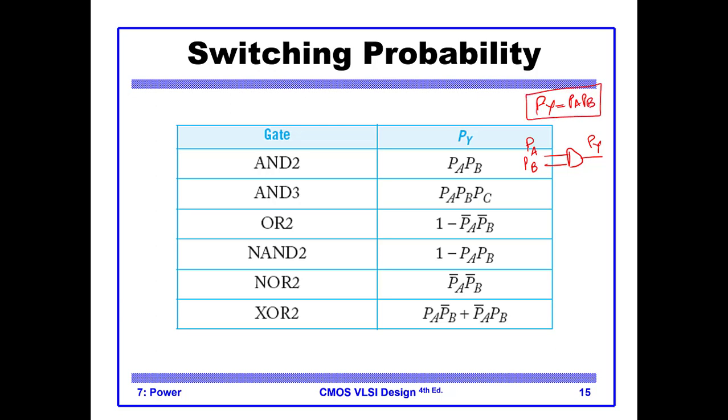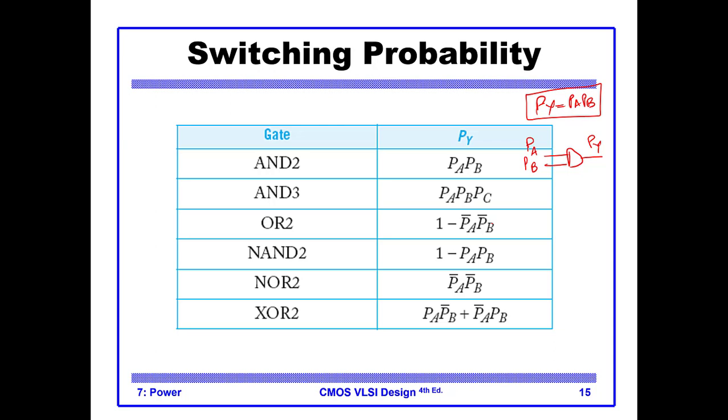So the probability that A is high multiplied by the probability of B being high gives you the probability of the output being high. For a 3-input AND gate, Pa Pb Pc. For an OR gate, it is 1 minus Pa bar Pb bar. For NAND, 1 minus Pa Pb. For NOR, Pa bar Pb bar. For XOR. So this table is what you have to remember, or you will be given it when you are asked to solve these problems.